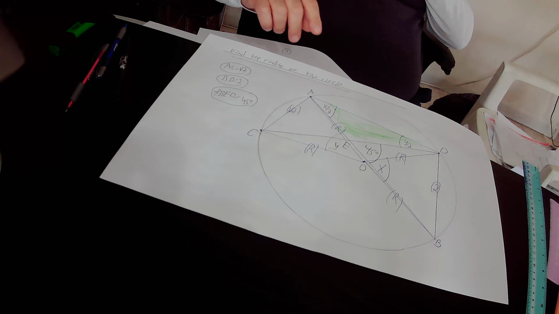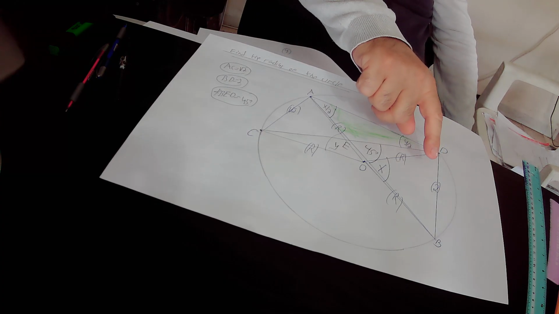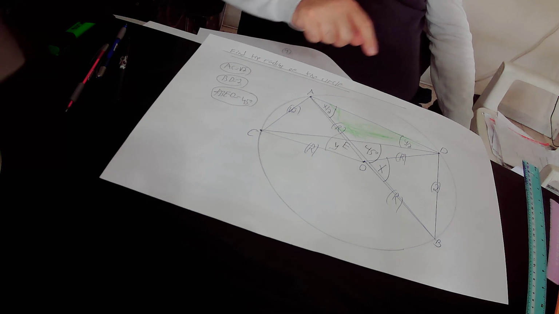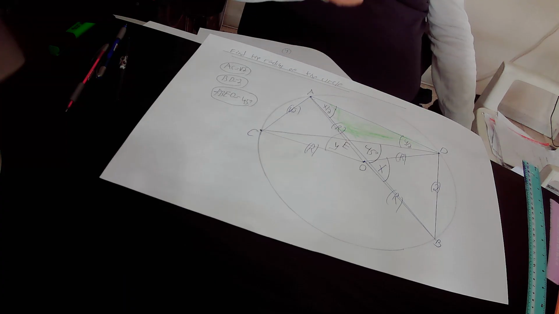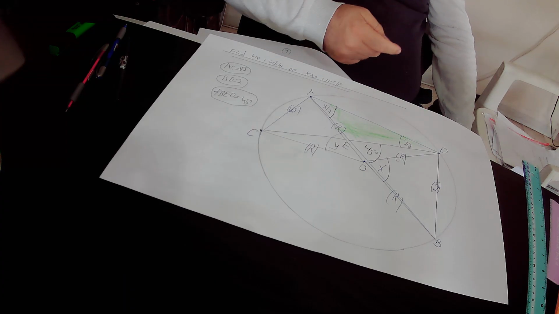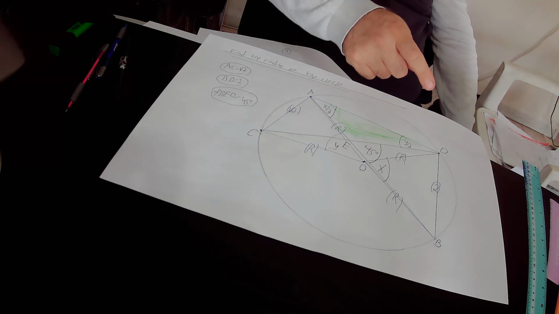We have here chord DB equal to 2 units in length, and we know that DB is not the diameter of this circle, and it equals 2. Therefore, the diameter must be greater than DB, that is 2. So the diameter 2R must be greater than 2.